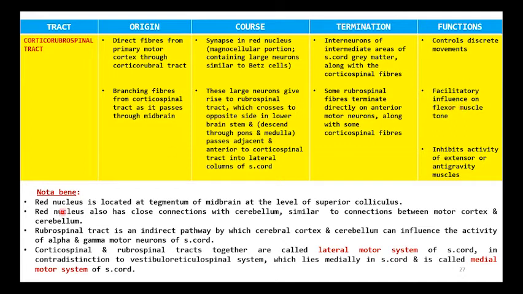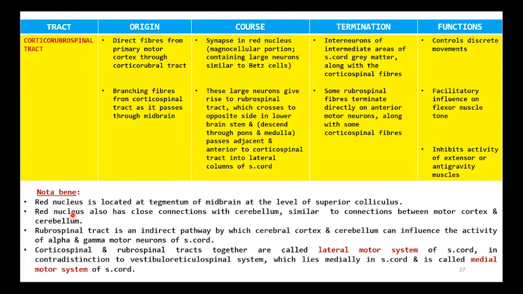So the fact that you must remember is that the red nucleus is the meeting point, and this red nucleus is located at the level of superior colliculus in the midbrain. And another feature of this red nucleus is that it has close connections with the cerebellum as well.